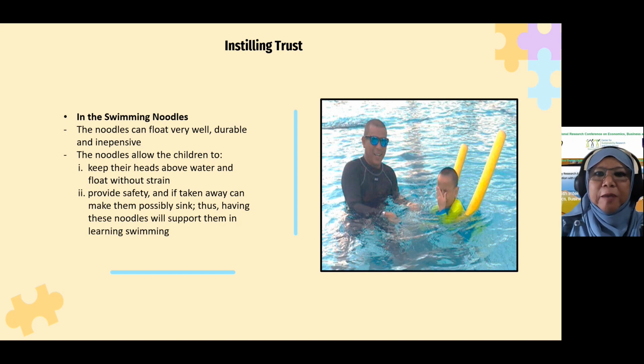So for them to be able to float, they have to depend on the swimming noodles. They understand that the noodle provides them safety, and if it's taken away, it can possibly make them sink. Thus, they need to trust the noodle and not let go of it, or they will sink, and they don't want this to be happening.